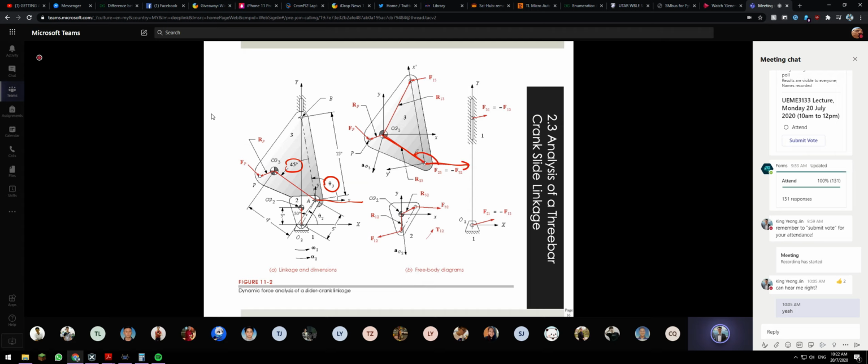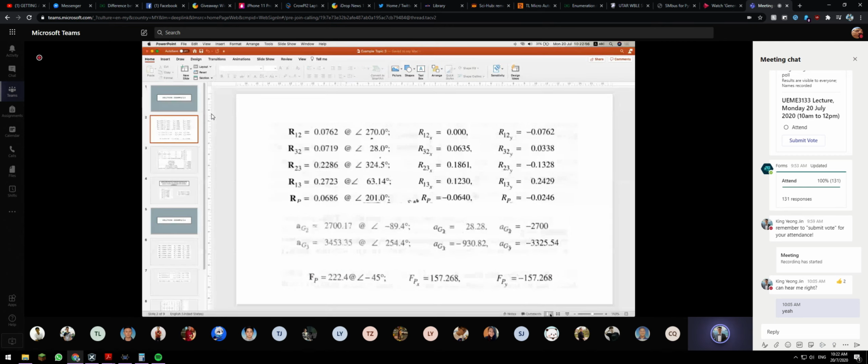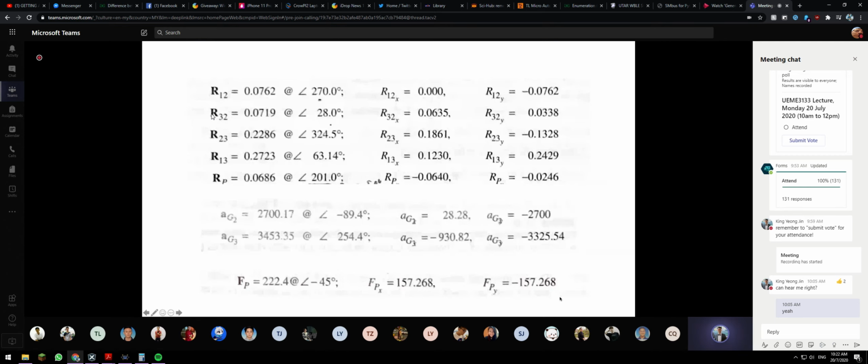So we have to take the whole angle here. Okay, the theta 3 is given 99.59. So then the angle that we have is 45.